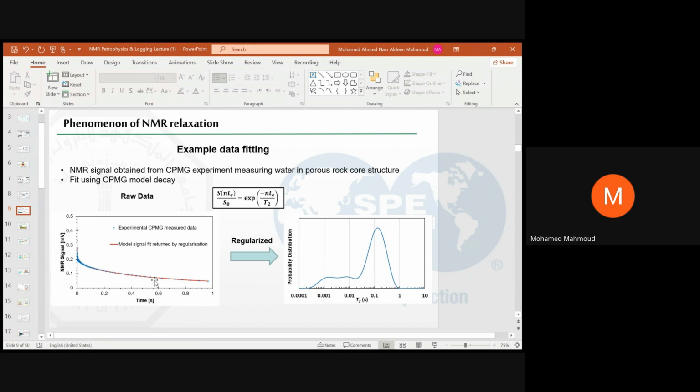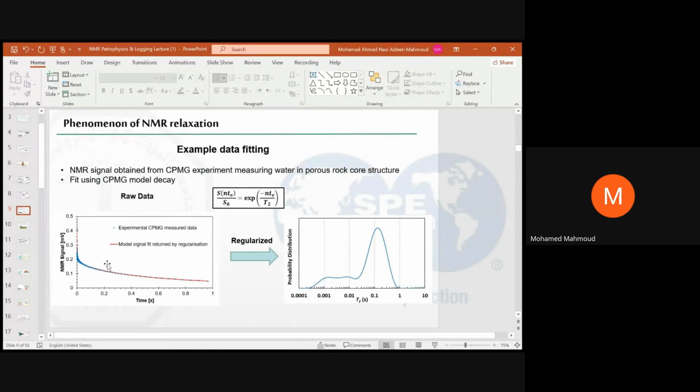So once we feed this data to a specific model, this is the experimental data and this is the model fitting. We call this process of fitting the data regularization. And we can do our own regularization, or we can rely on the manufacturer of the NMR tool's inversion algorithm. This is basically a very simple code.